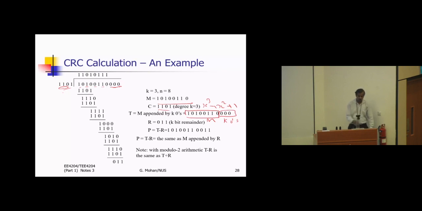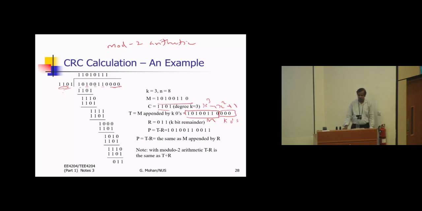Now we are going to carry out the division, and for the division we are going to use modulo 2 arithmetic. Modulo 2 arithmetic is a different arithmetic, but it's very simple for us to do. If you do normal binary division, it's difficult. Many of us may find it difficult to divide a binary number by another binary number, because subtraction and division are always difficult compared to addition and multiplication, right?